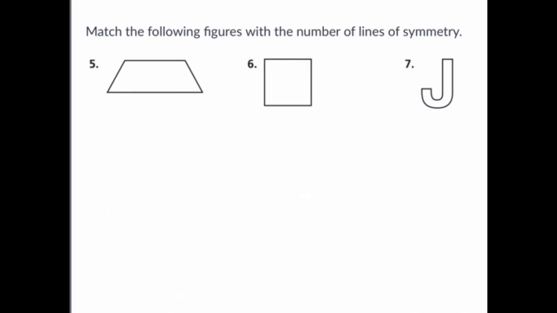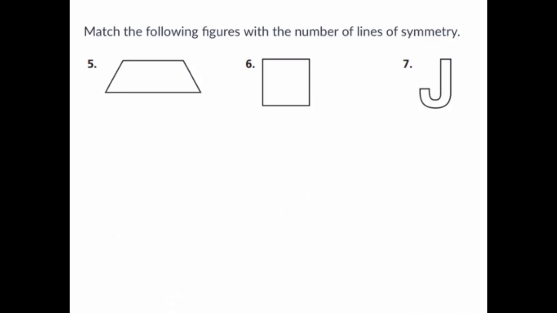Let's do some of your homework. This question wants us to match the following figures with a number of lines of symmetry. So for this isosceles trapezoid over here, we have one line of symmetry that goes through the middle here that makes the left side and the right side equal to each other, mirror images of each other. For a square, we have many more.